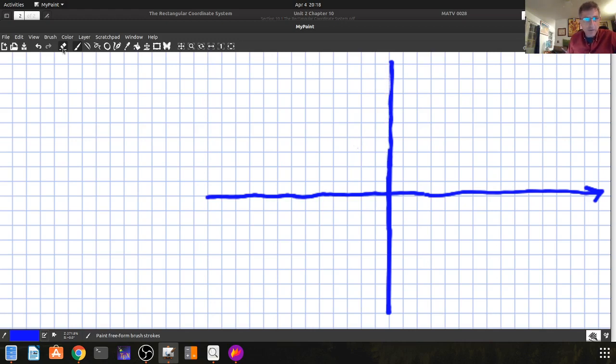Okay, so this is my y-axis, and this is my x-axis. And we're asked to plot the following ordered pair solutions.